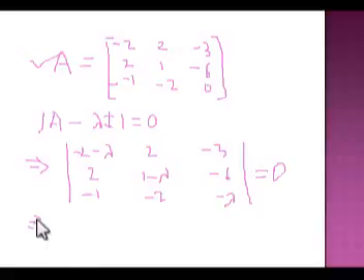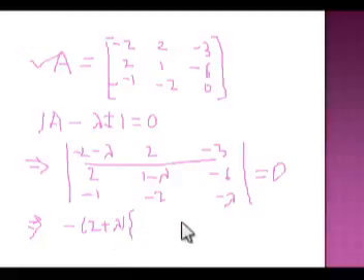So how can we solve? We are taking this first row to solve it. So there will be minus 2 plus lambda. Here we will get minus lambda plus lambda square.